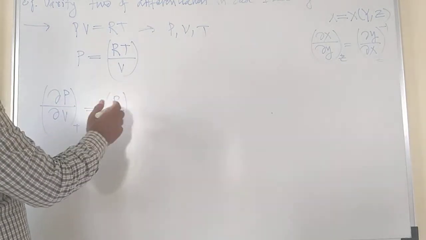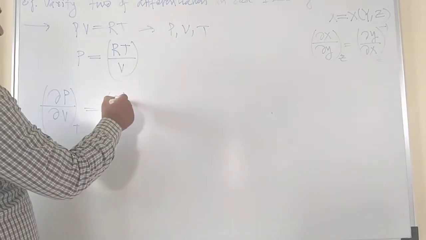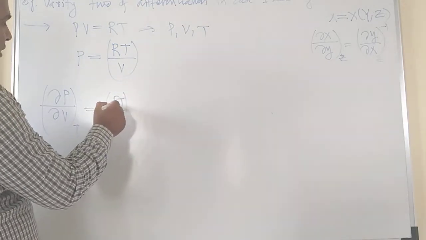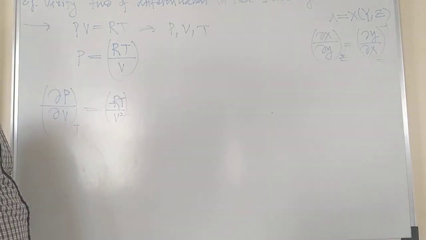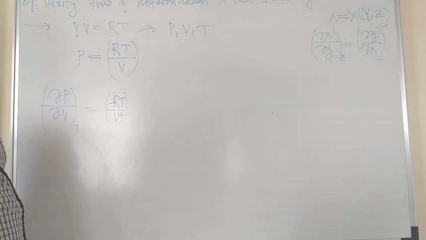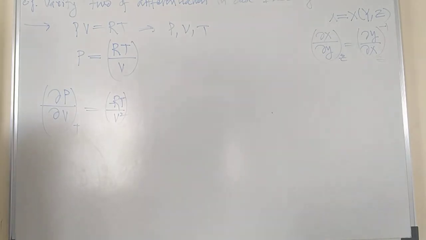So R and T both are constant as they are, and the differentiation of 1 upon x is minus 1 upon x square. So minus RT by V square is the differentiation.